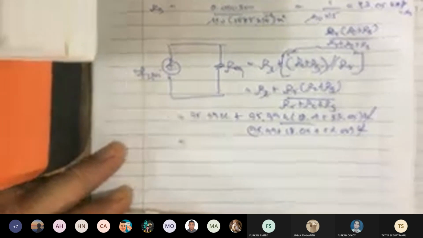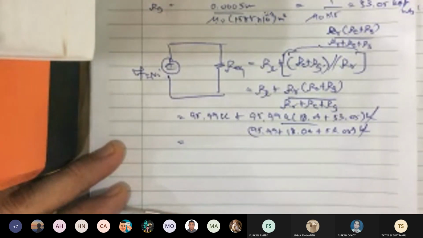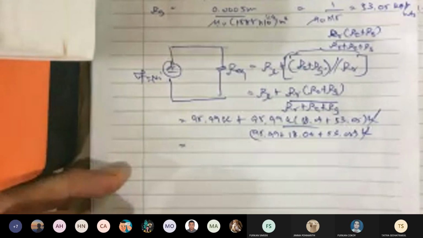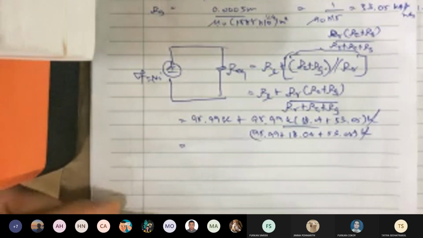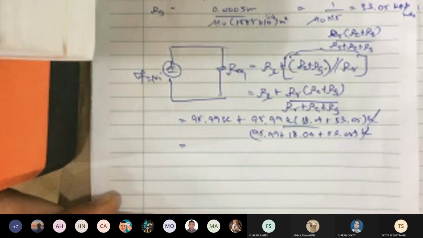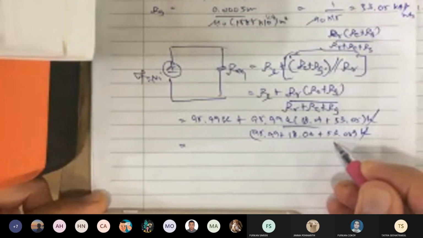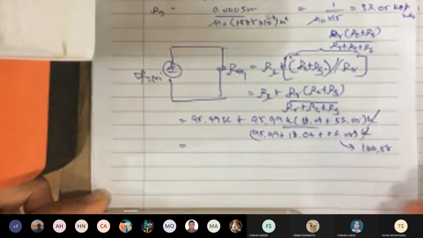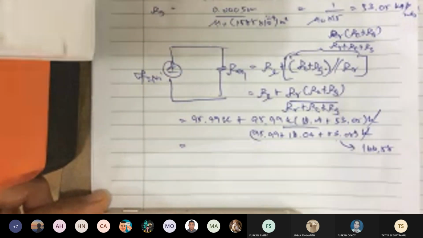So what is that number? Again, if I don't have the same number, you can just shout, because I want to know. I'm doing this in a hurry. So here the bottom one is equal to 166.58. Okay.